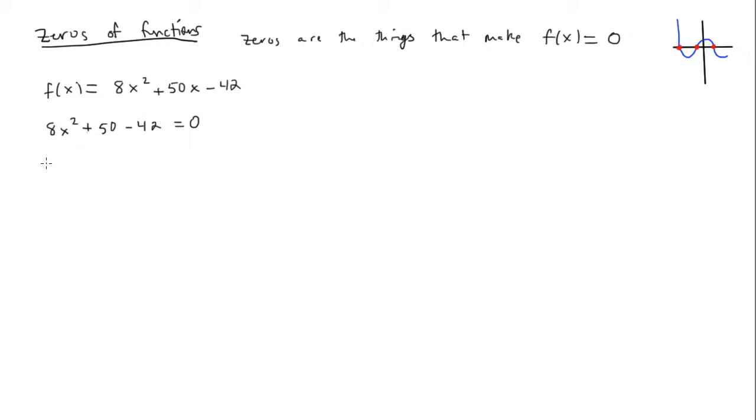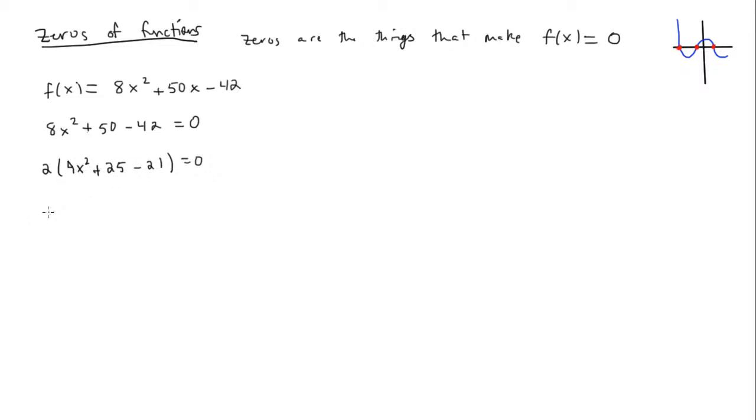So the first thing I'm going to do is factor a 2 out, and hopefully this will keep the arithmetic a little bit easier: 2 times 4x squared plus 25x minus 21 equals 0. Since it's all equaling 0, I can divide both sides by the 2, and what I really have to worry about is just when the inside is equal to 0, not when the 2 equals 0, because that never happens. So we can work with this simplified, slightly smaller set of numbers.